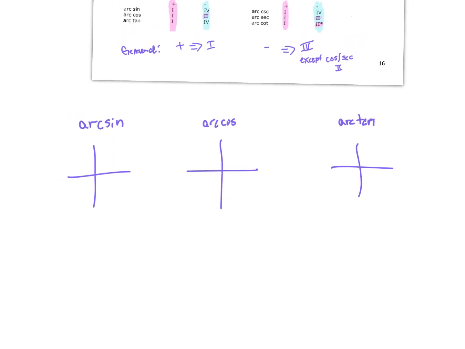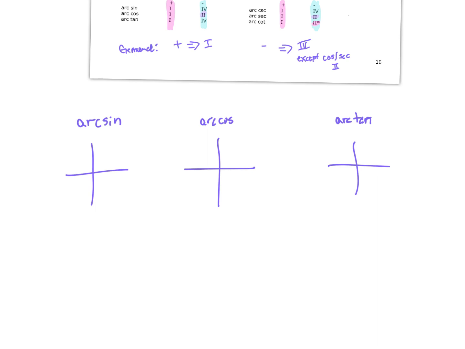So if we are going to look for inverse or arc sine values, we're going to look for positive values in quadrant 1. We're going to look for negative values in quadrant 4. That's what that means. Now, that's also the case for our arc cosecant, which is our reciprocal.